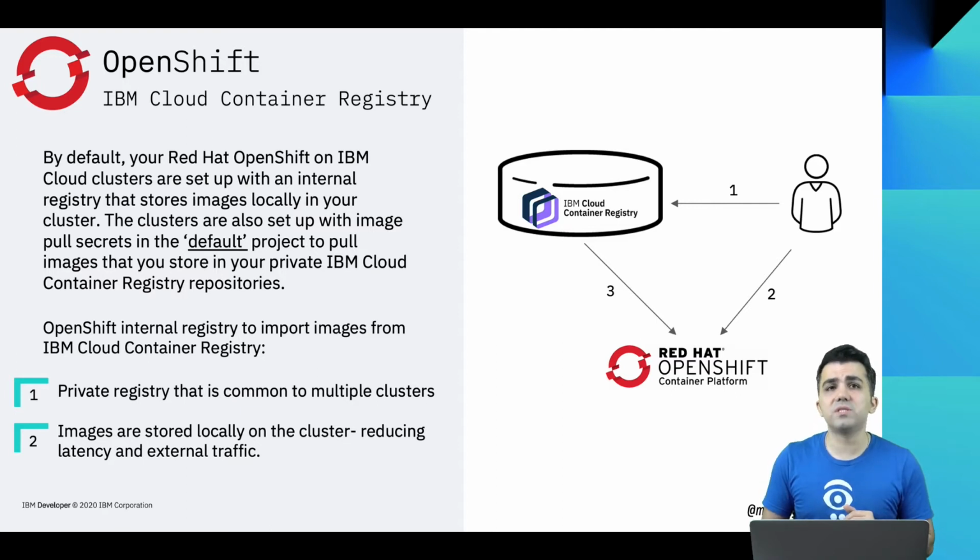But one thing you should know is, by default, your Red Hat OpenShift on IBM Cloud clusters are set up with an internal registry, as I mentioned earlier, that stores images locally in your cluster. Those clusters are also set up with image pull secrets in the default project, and we were in the default project. That's why it worked perfectly to pull images that you stored in your private IBM Cloud Container Registry repositories.